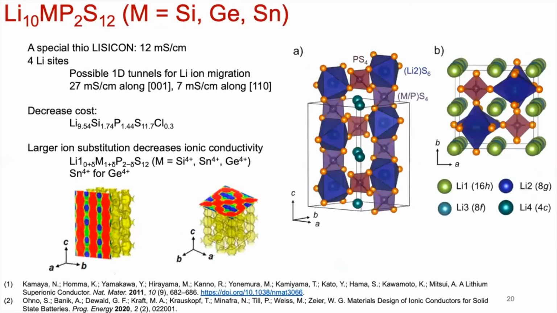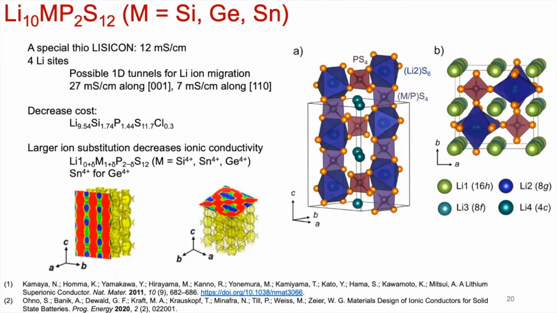Okay. And then, so this is thio-LISICON, but it deserves its own slide because it is the reigning ionic conductor. It's been reported that in one direction it has 27 millisiemens per centimeter, in another direction 7, but on average it's about 12.